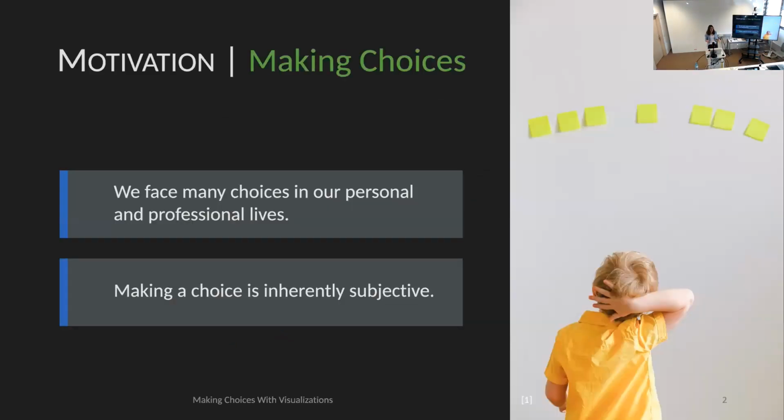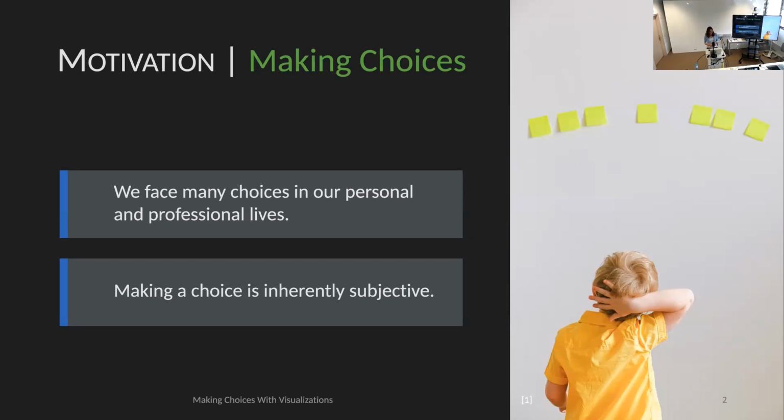So my research is centered around making choices. By that, I do not mean the trivial choices like coffee or tea in the morning, but the more complex ones where we are confronted with a lot of options and there's no objectively best solution.